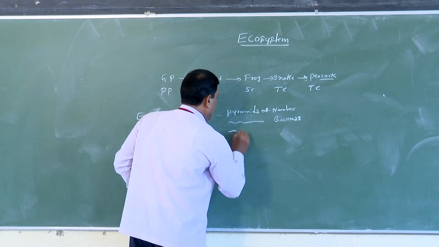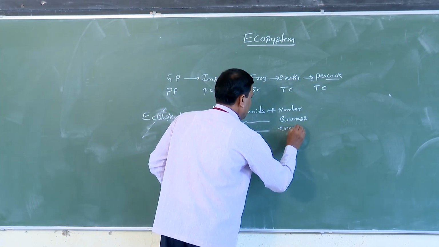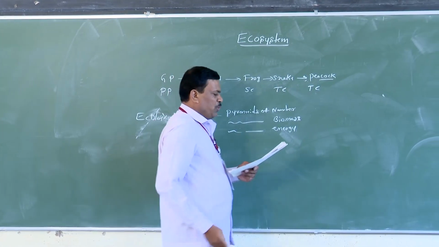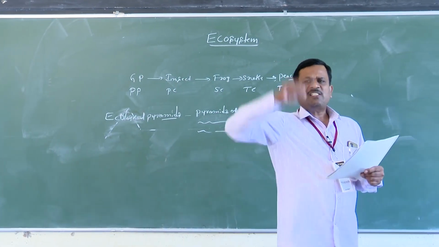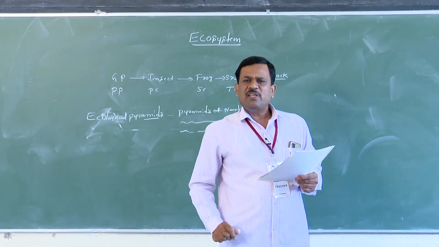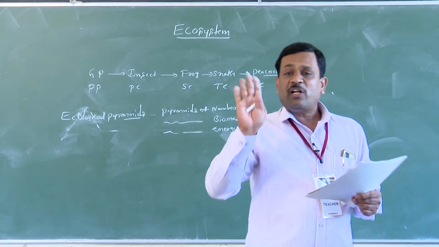Third is the pyramid of energy. Which one is the correct answer? Always upright means pyramid of energy, never inverted.